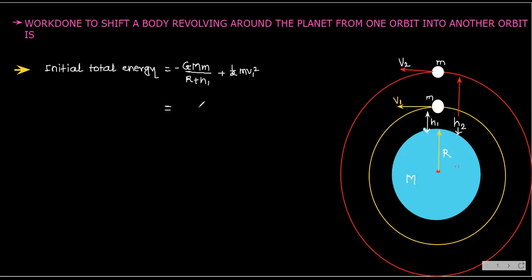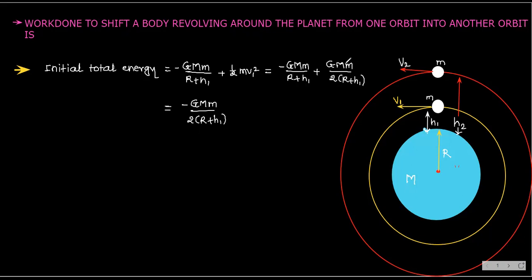It comes as minus GMm divided by 2 into (R plus h1). Okay, if you want you can do it yourself: minus GMm by (R plus h1) plus GMm by 2 into (R plus h1).